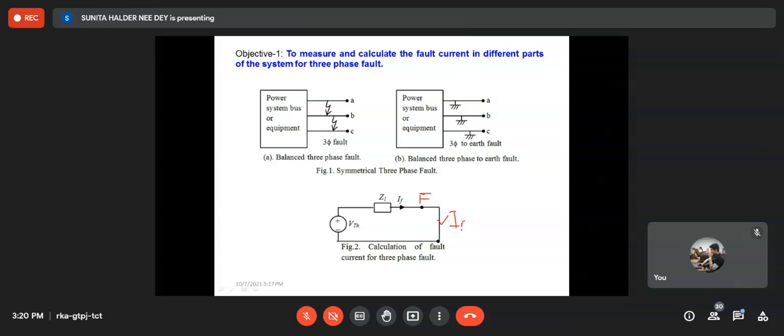So this is the fault current, right? And this is the voltage available at the fault point, the no load voltage available at the fault point. That means the Thevenin equivalent voltage. And this is the positive sequence impedance. Why positive sequence? Since the system is balanced, there is no question of negative or zero sequence. So it is a balanced fault, and whatever fault current we are getting, that is the fault current per phase. Okay.